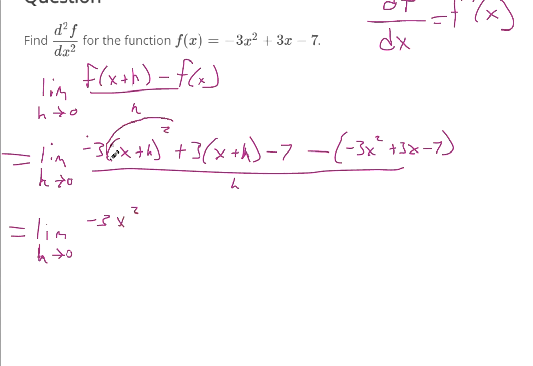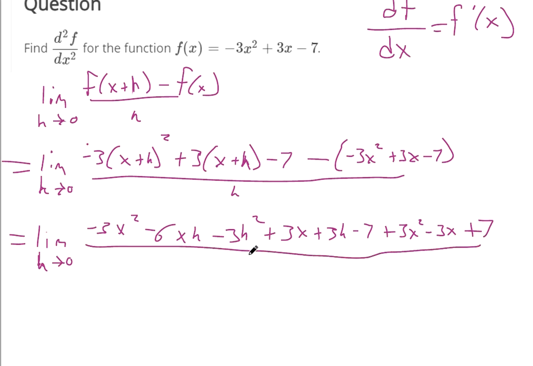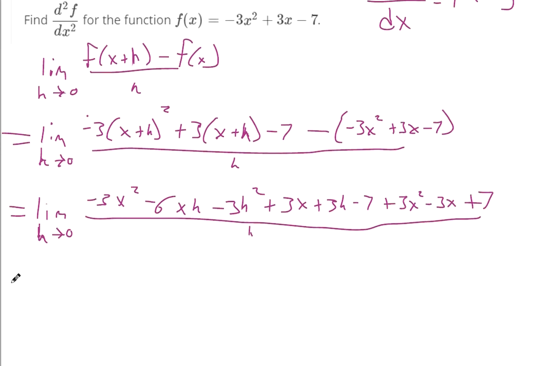But you'd need to do x plus h times x plus h, and then distribute the negative 3. I think I got that right. And then here, that one's a lot easier. Distribute the negative sign. Divide the whole thing by h.